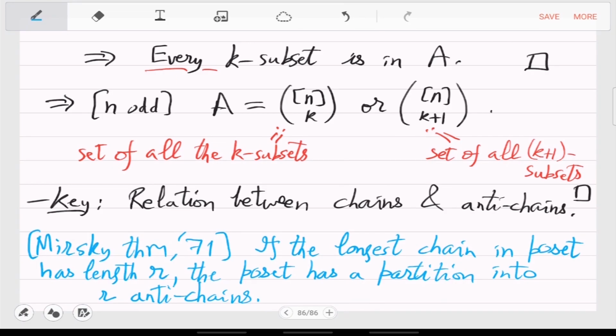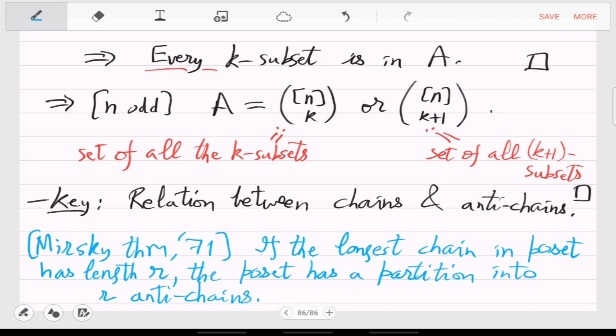So if the longest chain has length r, like in the power set case, where the longest chain had length n plus 1, this theorem is saying that you can partition the power set into n plus 1 anti-chains. Do you know what this decomposition is explicitly? Yes, it's the same that we discussed.